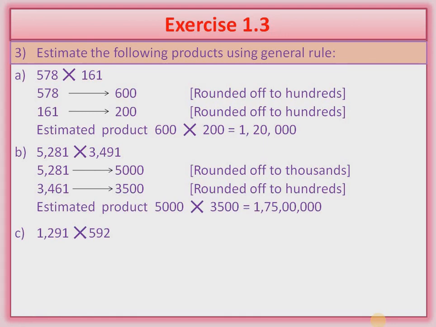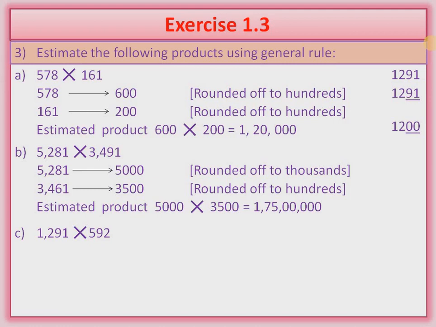Here we will round off both numbers to 100. Understood what I am telling you? So 1291, we will make a line. How many digits, beta? The last 2 digits, it means we will make a line under 91. So we have made the line here. Then we will write 00 in place of 91.